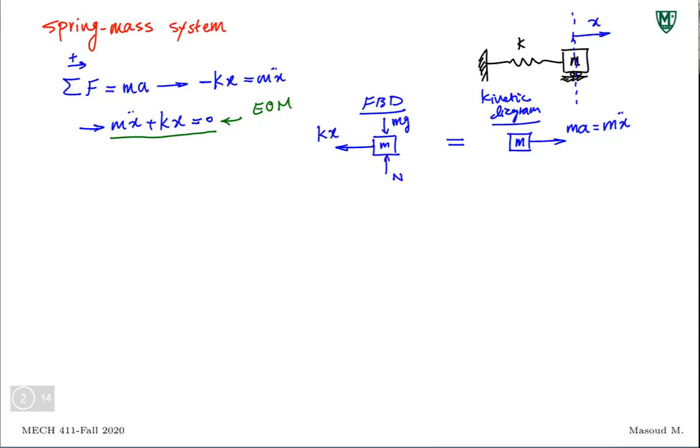Now, if I have a spring mass system in this form, this is a little different. Why? Because at this point I have gravity.